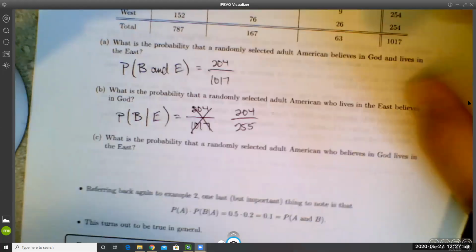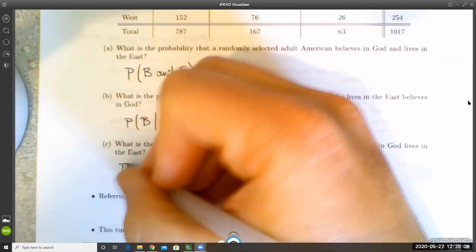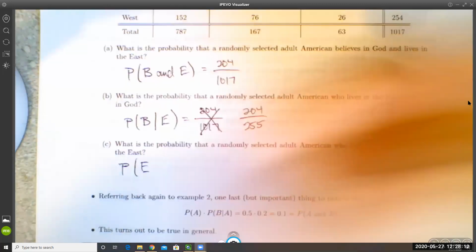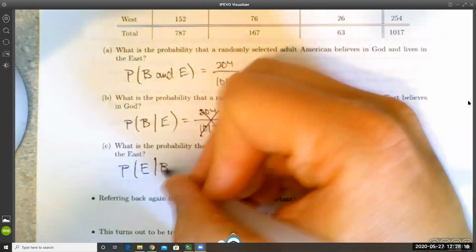Okay, and then part C. What's the probability that a randomly selected adult American who believes in God lives in the East? Give the video a pause, see if you can work that one out. Okay, this time the restriction goes in the other direction. We want the person to live in the East, and what we're told about them is that they believe in God.